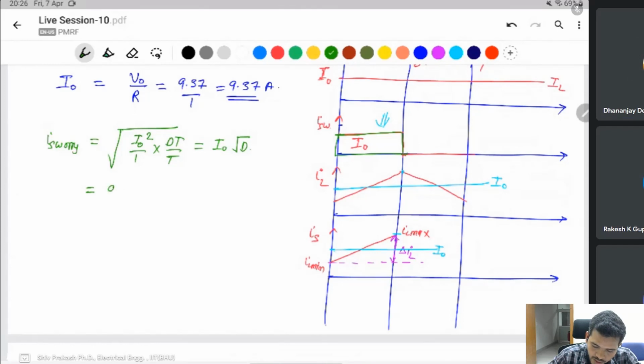I naught is 9.37 into root of the dt ratio 0.4, which gives 5.926 ampere.